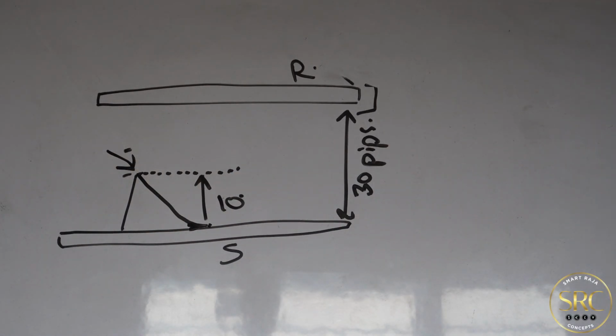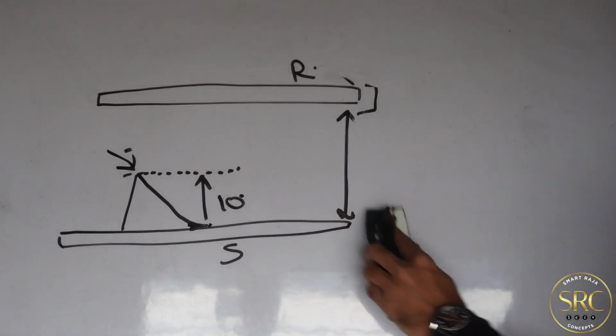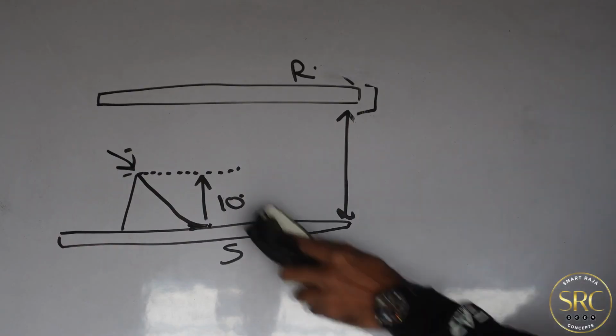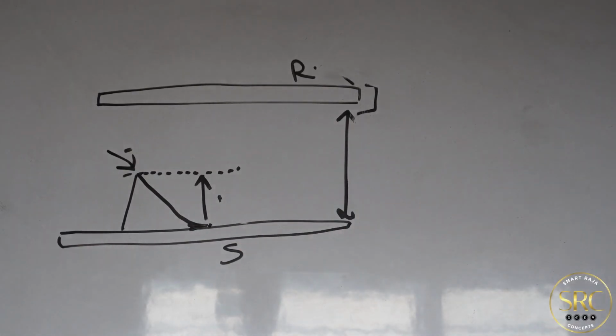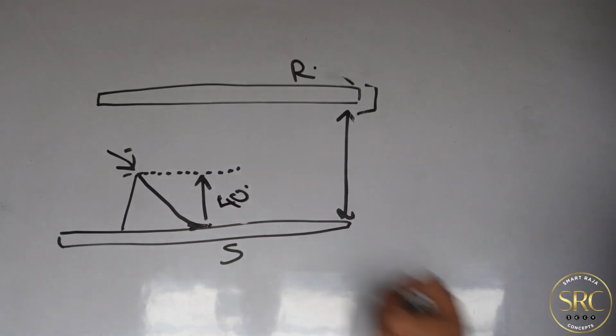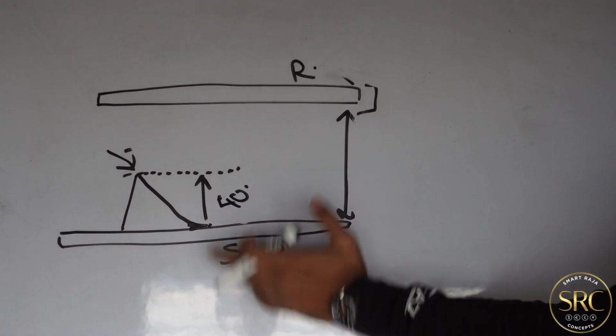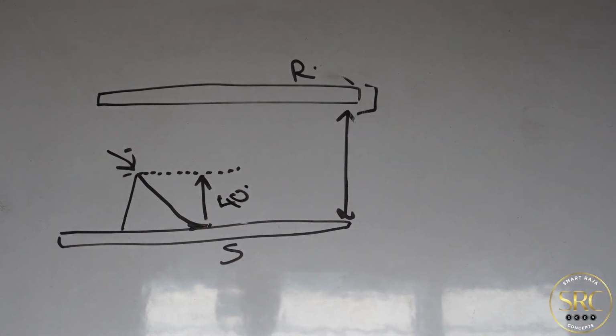It's not going to work out for you. So we're going to imagine that this 30 pip range doesn't exist, and say maybe this is a 40 pip range. This is going to be a much better idea for you to execute on a trade.